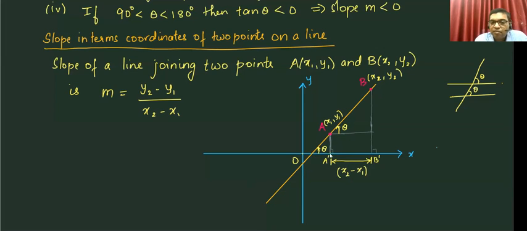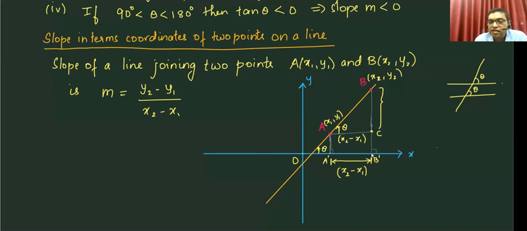Correct? And because this is perpendicular, two adjacent sides are perpendicular, and we have drawn a horizontal line, this becomes a rectangle, so this length and this length are equal. Let this point be C. Now what is this length BC?